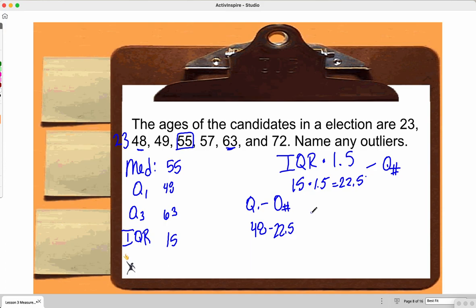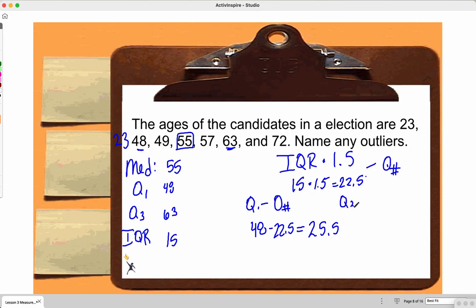And when I do that, I get a number of 22 and a half. I'm sorry, not 22 and a half. I'm sorry, I don't know what my brain was thinking. 45 and a half. No, that's still wrong. 25 and a half. There we go. I'm sorry, it's been a long day. So the lower limit of my outlier range is 25 and a half.